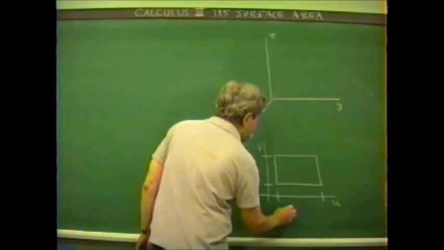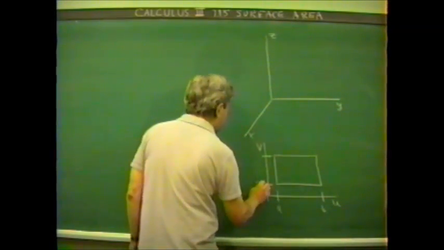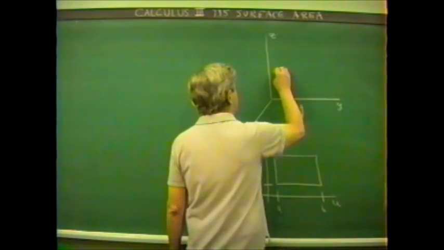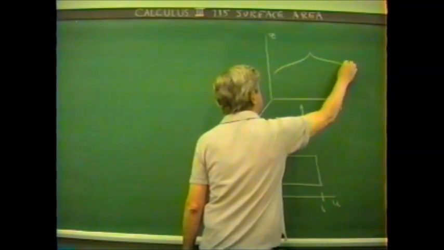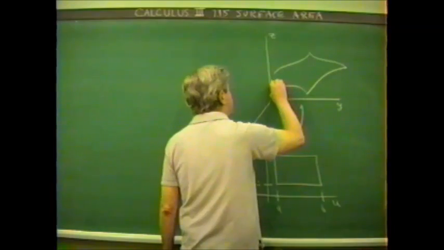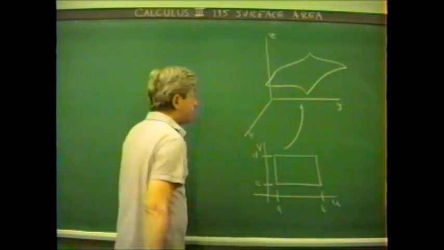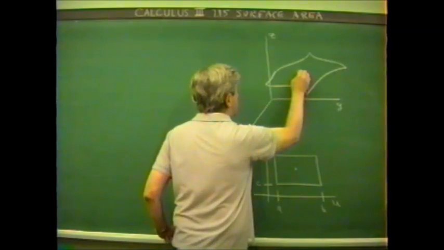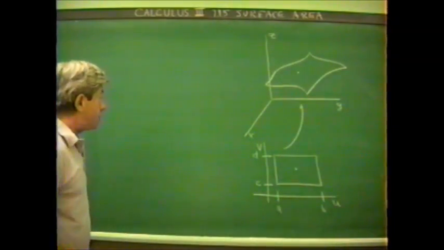Right? U going from A to B and V going from C to D. Now what we have here is a function which maps this into our space, resulting in some sort of a surface. Right? That's to say, a point here goes to some point in three-dimensional space.